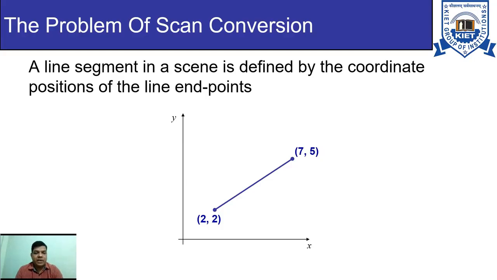For example, if you are drawing a line which is completely horizontal, completely vertical, or at an angle of 45 degrees, in these three cases the line is straight, but in other cases the line does not appear straight, and this is called the problem of scan conversion.